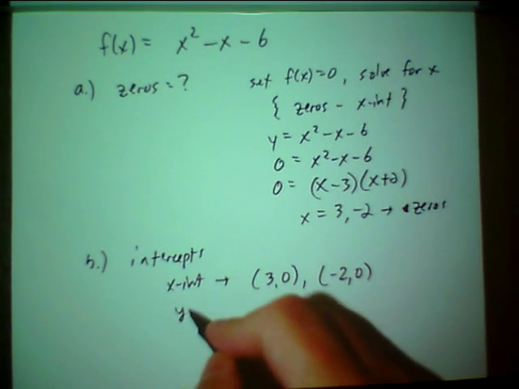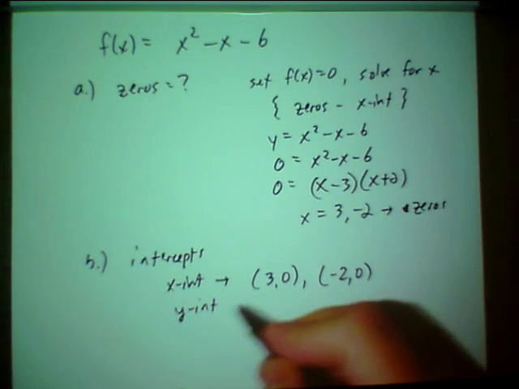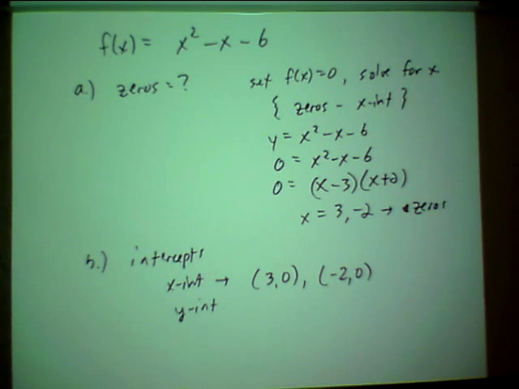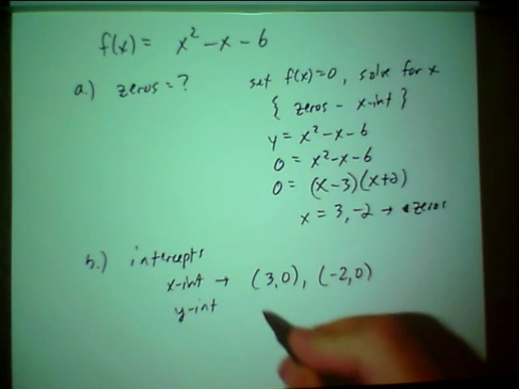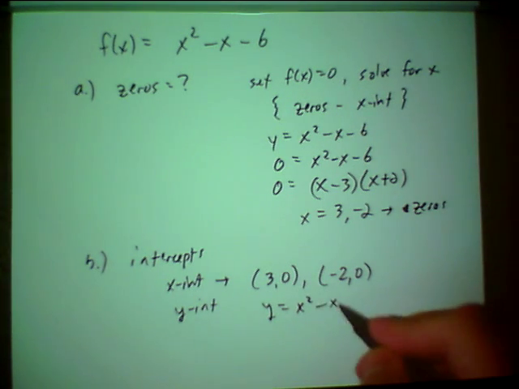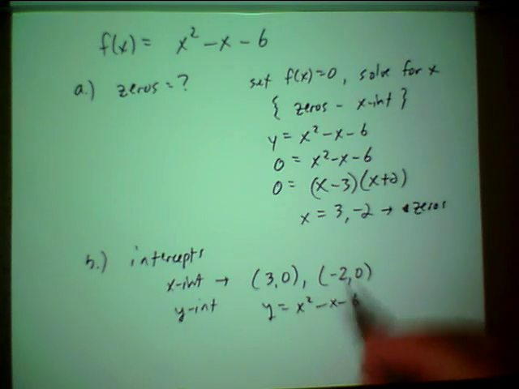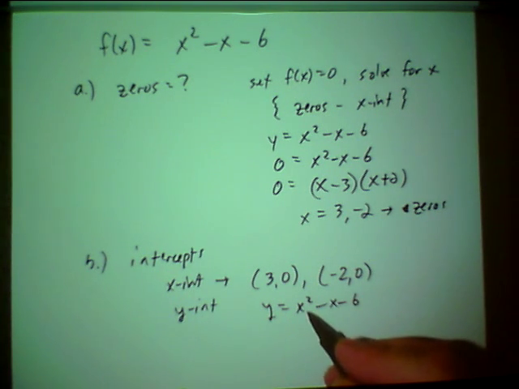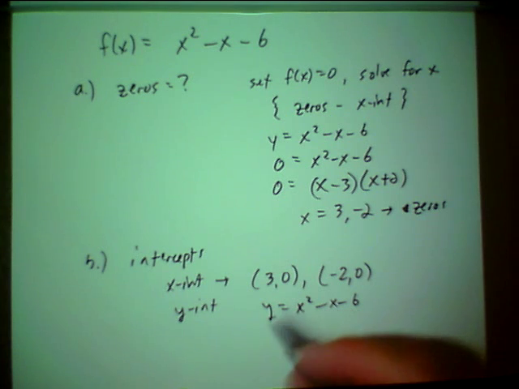Now I have to see if there are any y-intercepts. How do we find y-intercepts? You take your equation and set y equal to 0. So if this is my equation, y equals x squared minus x minus 6. I'm sorry, you set x equal to 0. To find the y-intercept, you set x equal to 0.